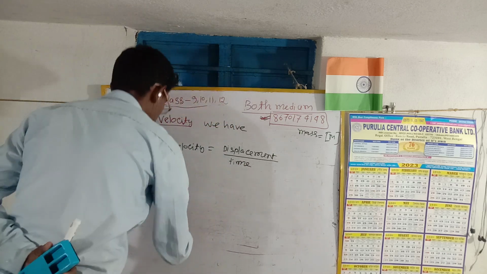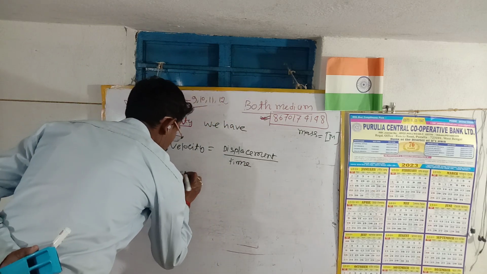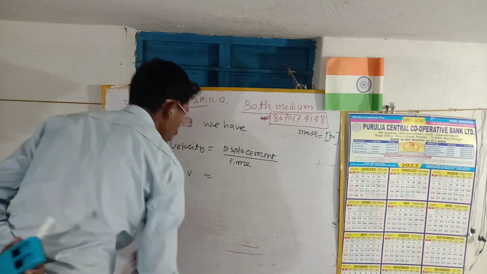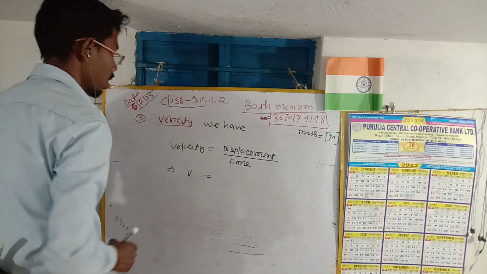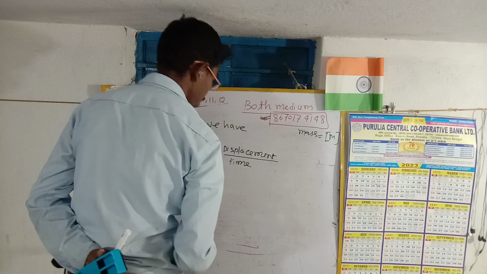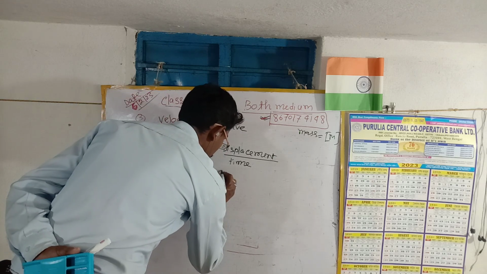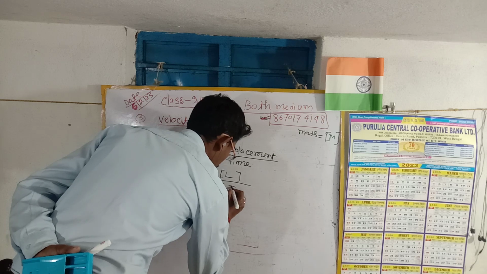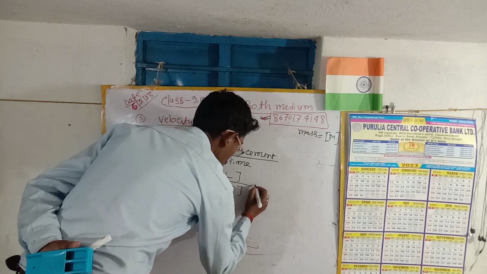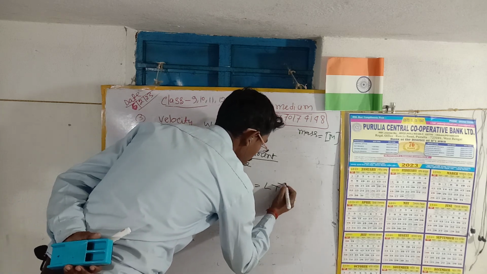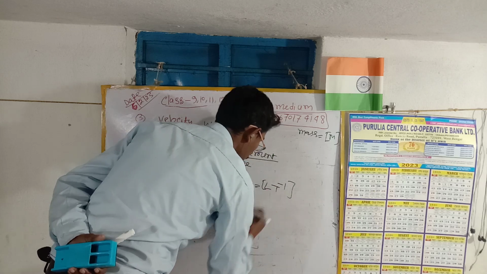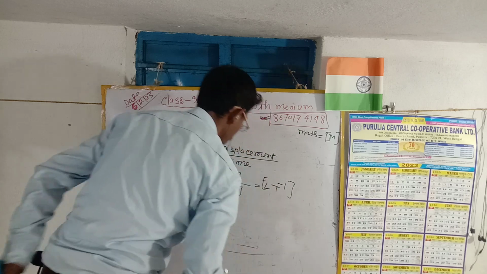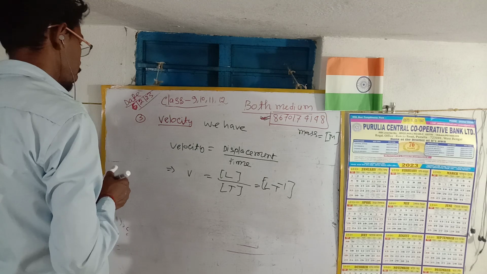So velocity is v. Displacement dimension is L, time dimension is T. So L T power minus 1.